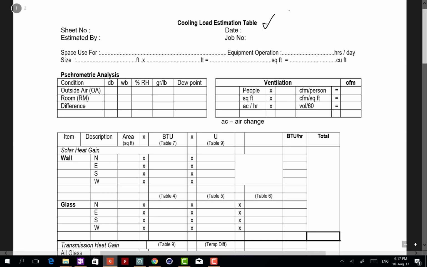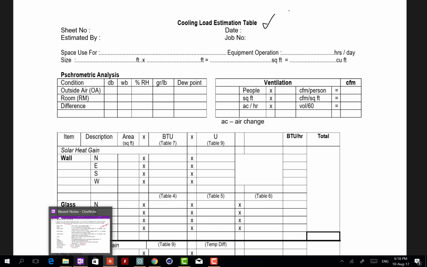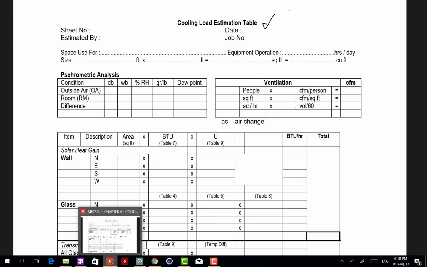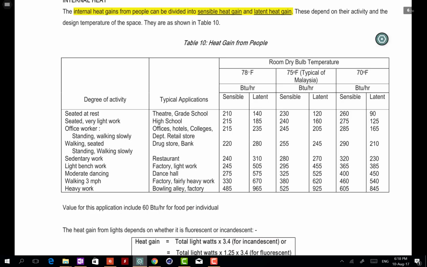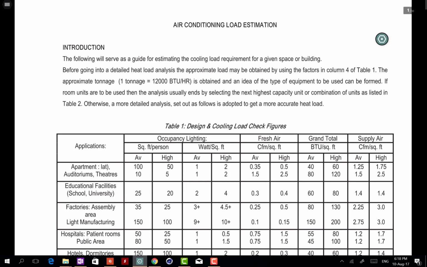Before we fill this cooling load estimation table, students must know the air conditioning load estimation table.